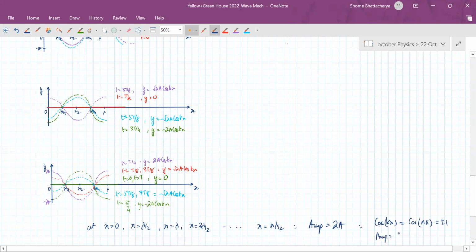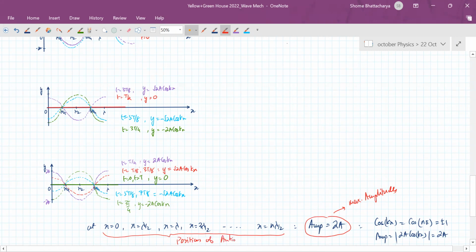So the amplitude, which is the mod of 2a cos kx, becomes 2a. This is the maximum possible amplitude. So these are particles with maximum amplitude. These are called the positions of the antinodes. In the diagram, we'll represent them with A. So these are the antinodes, and you can see the distance between consecutive antinodes is lambda by 2.